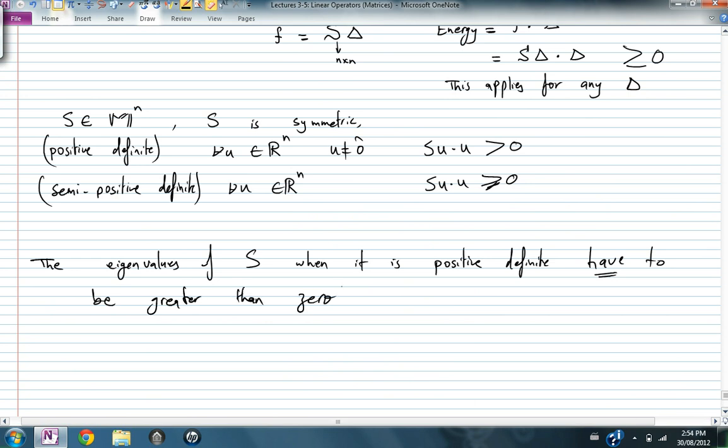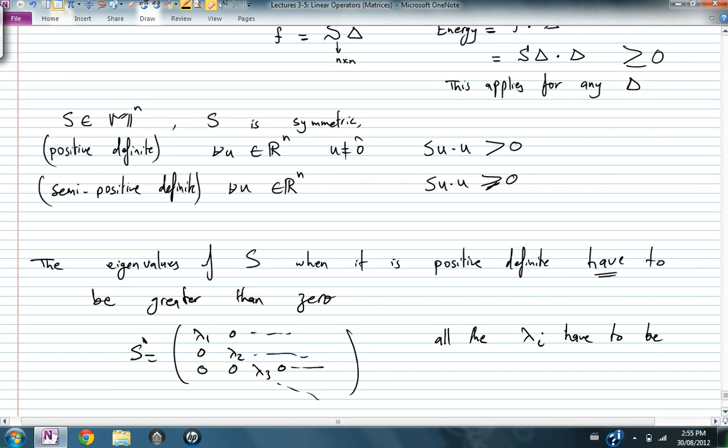So basically S prime is the diagonal matrix with lambda 1, 0, 0, 0, lambda 2, 0, 0, 0, lambda 3, and so on, and all the lambda i have to be greater than 0.